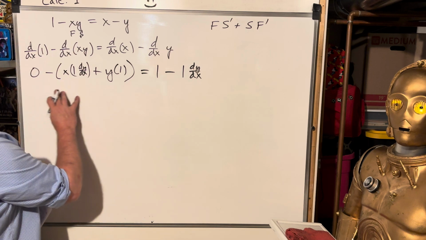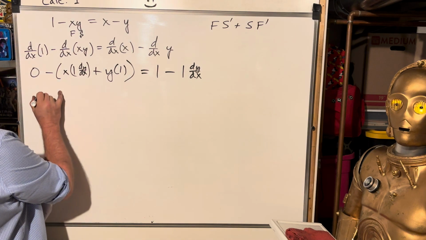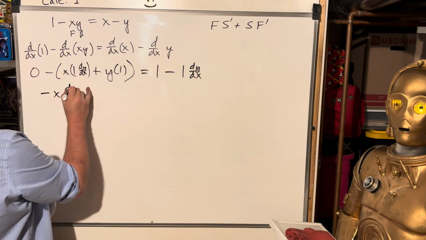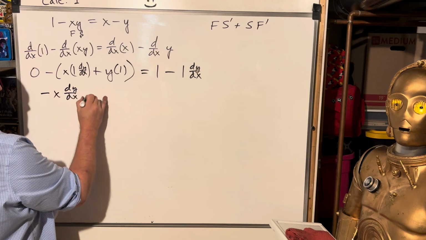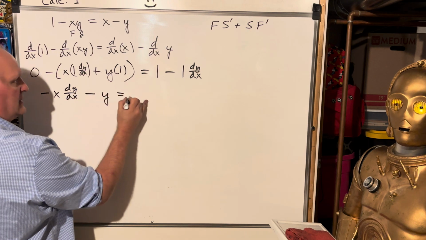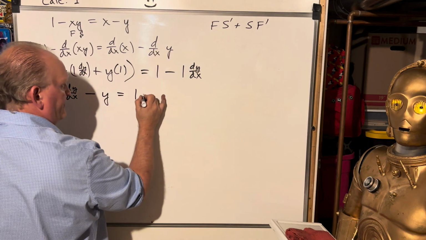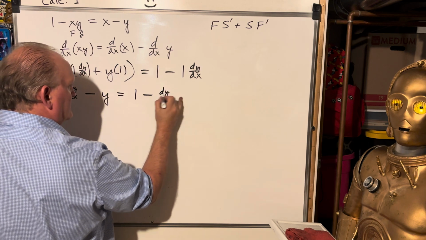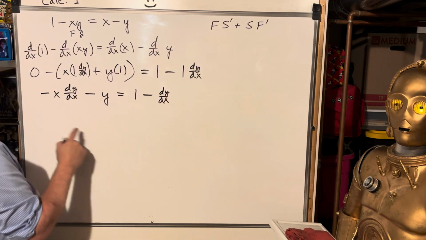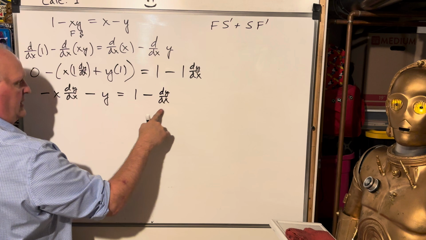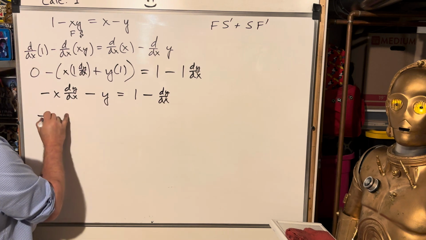Alrighty, so let's distribute the negative. So we got negative x dy/dx minus y equals 1 minus dy/dx. And now let's get this over there, that over there. So switcheroo here.